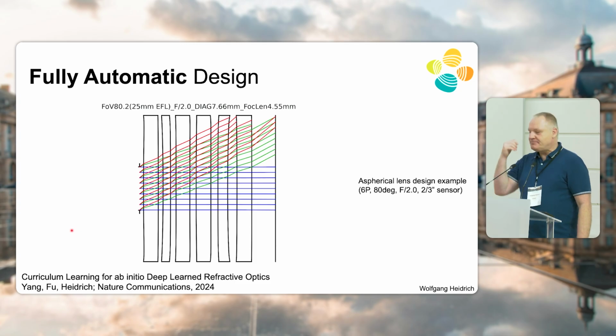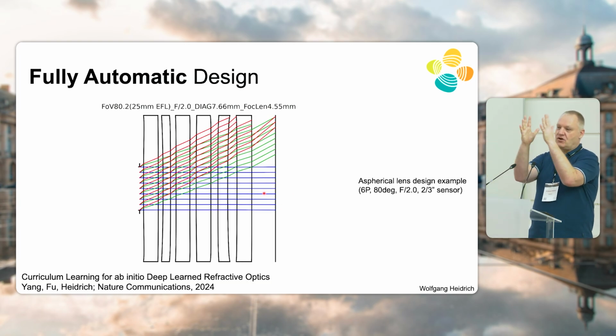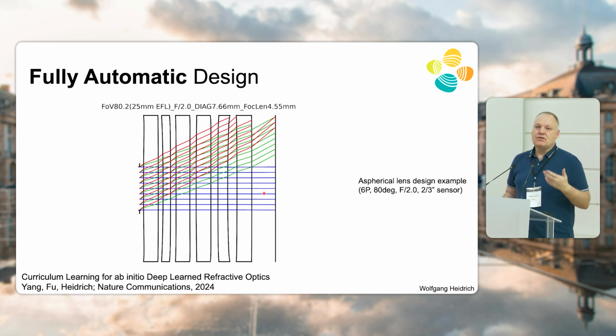This can also be done for other kinds of design spaces. Here is a design space for what you would get in a cell phone camera. Here, the back focal length is really, really tiny, so you want to squish everything as compact as possible, and you can only do that if you allow non-spherical surfaces, what's called asphere.